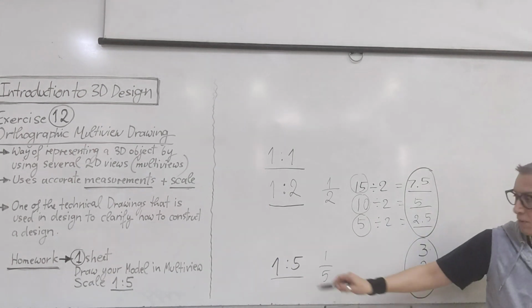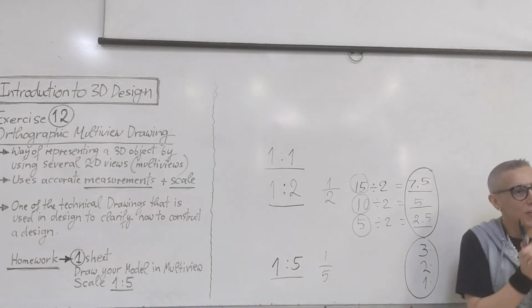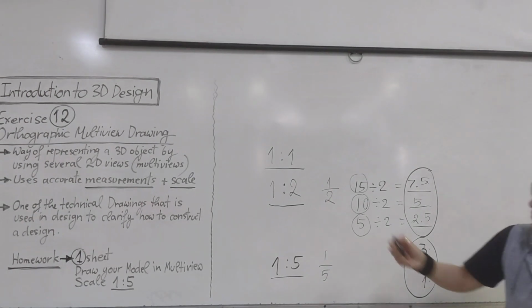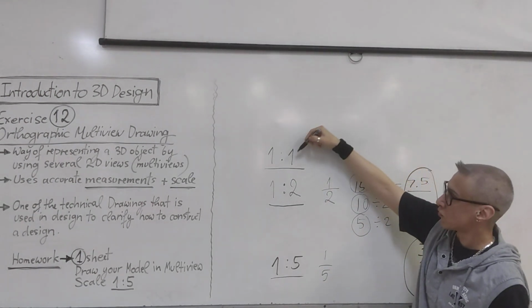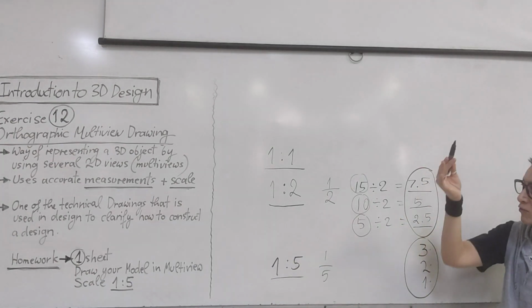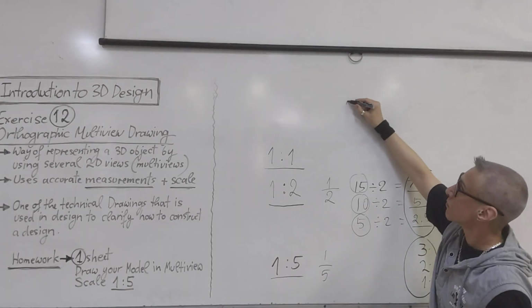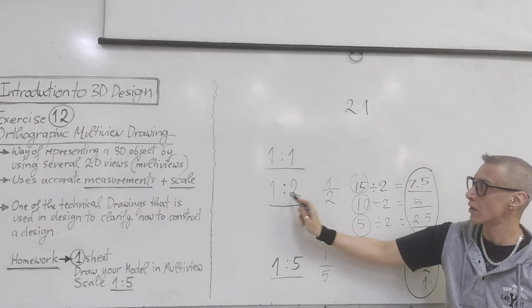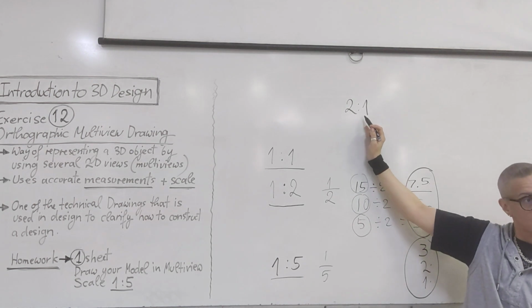Each time I increase this number, the size of the object becomes smaller and smaller. So this is 1 to 1, 1 to 2, 1 to 5, and you can have 1 to 10, 1 to 20, and so on. If I put, for example, 2 to 1, look, this is 1 to 2, this is 2 to 1.